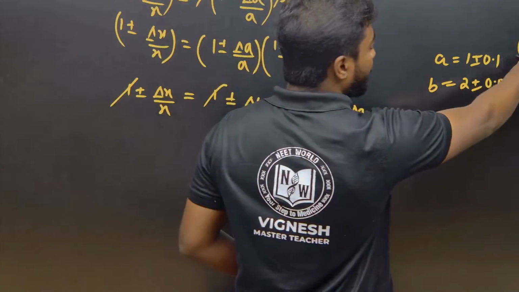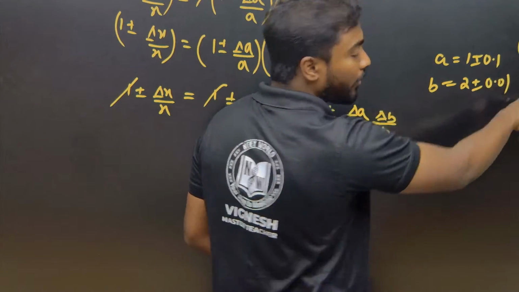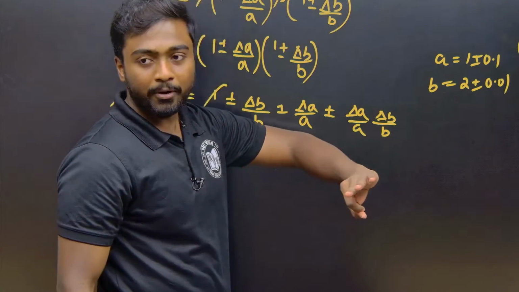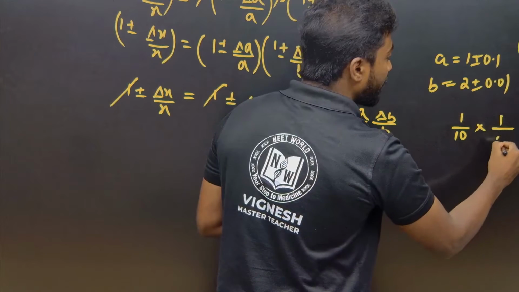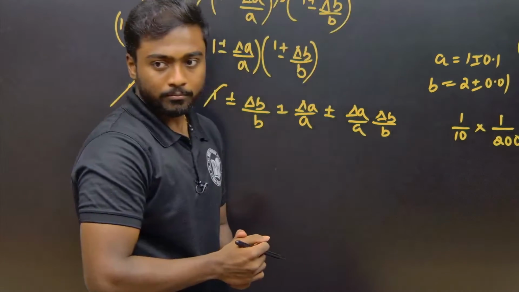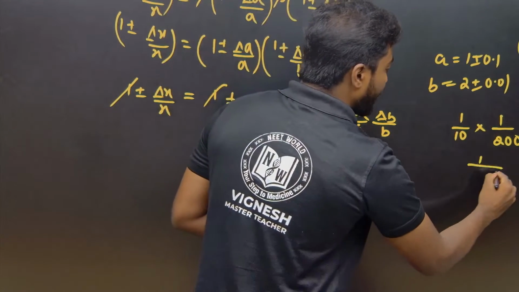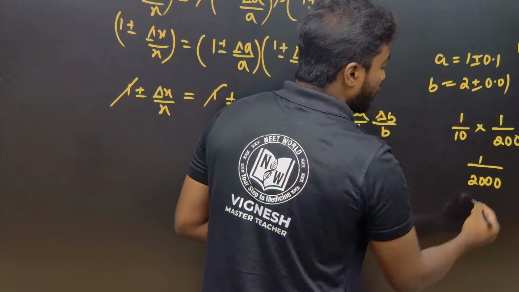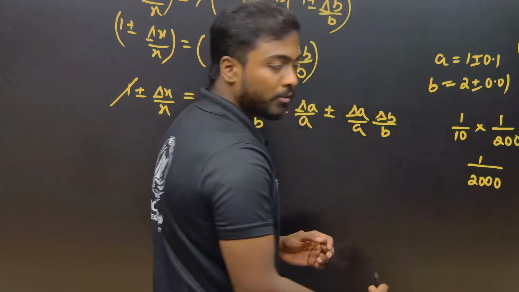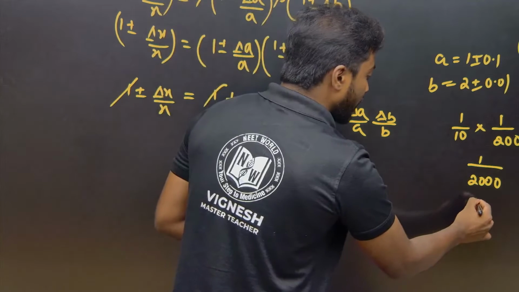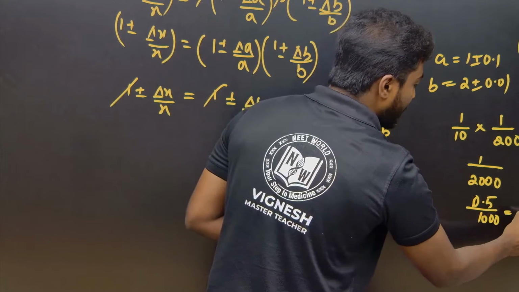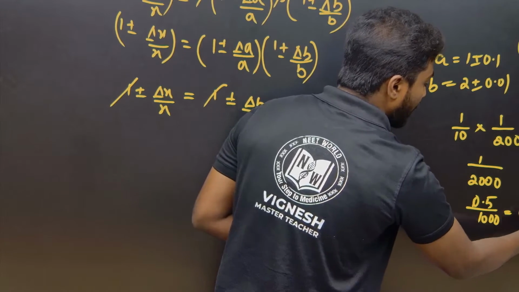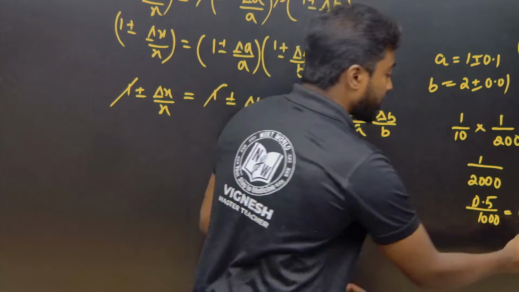So 1 divided by 10 into 1 divided by 200, which is 1 divided by 2000. 1 divided by 2 is 0.5, divided by 1000, which is 0.0005.